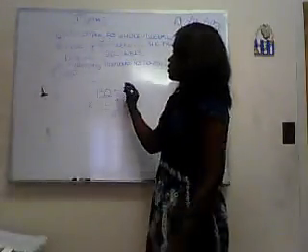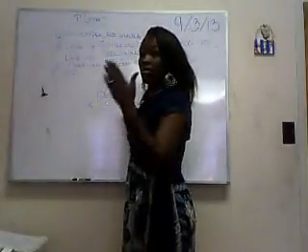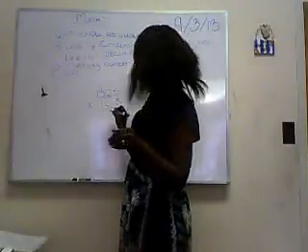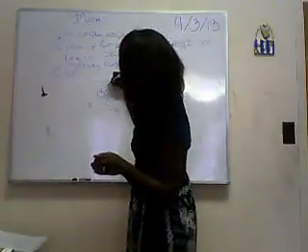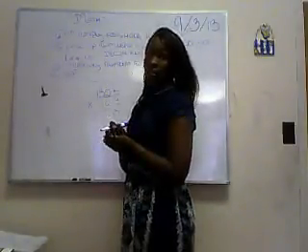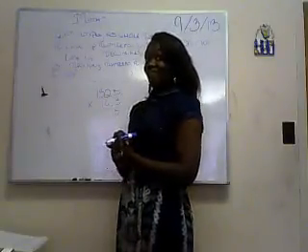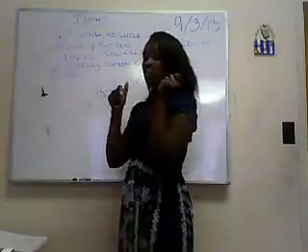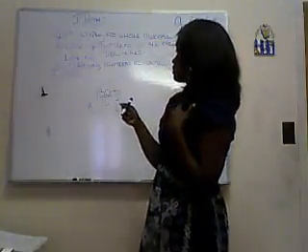Lily, you might help me multiply this. 5 times 3 is 15. Decimal? No, we don't line up decimals. Don't think of the decimal right now. You multiply just as though they were whole numbers.